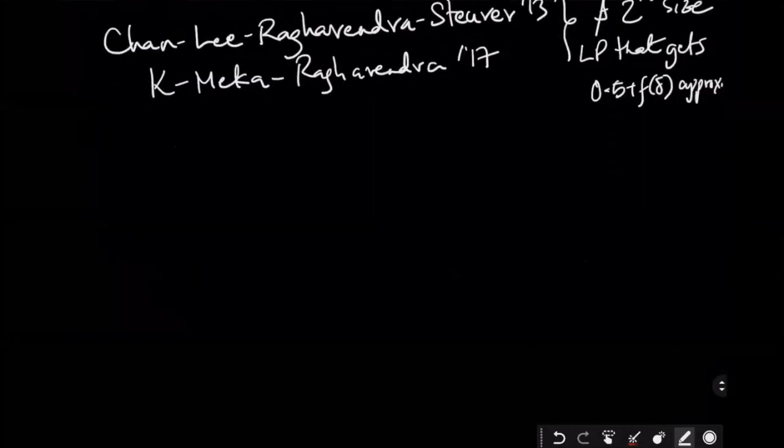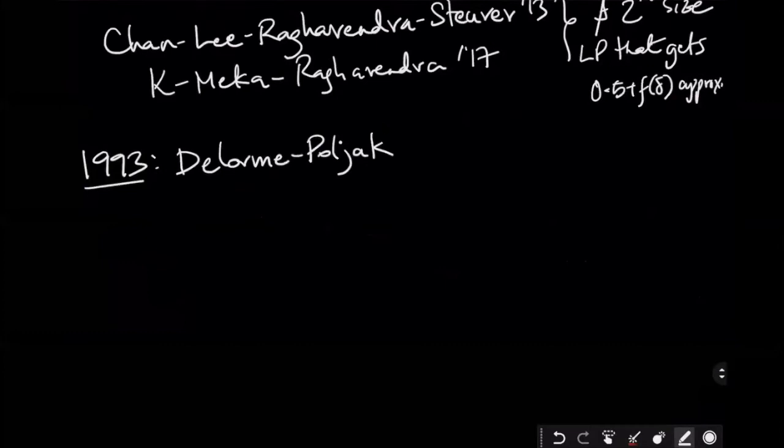Well, in 1993, Delorme and Polyak came up with a different approach. They phrased this as certain eigenvalue certificates. We will not discuss their formulation, but they gave something different looking than a linear program.